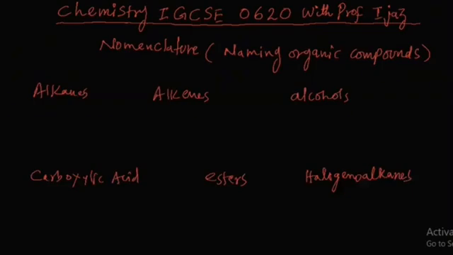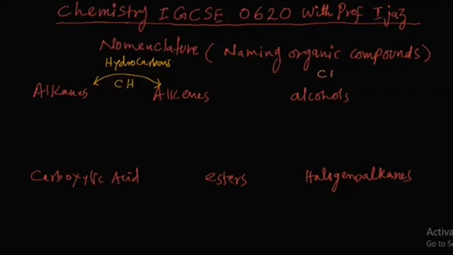Alkanes and alkenes both are hydrocarbons. Hydrocarbons are those organic compounds which are made up of carbon and hydrogen only. So these two compounds contain two elements, carbon and hydrogen.